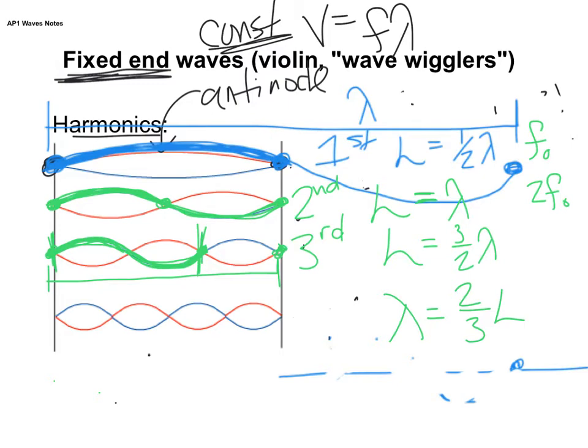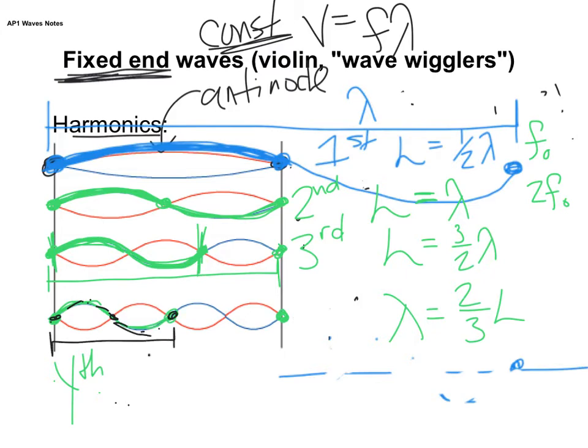And let's finally look at our fourth harmonic. Our fourth harmonic here, I've got my node at this end, I've got my node at this end, and let's take a look at how far I have to go before I get through one full wave. Got that bit. Now it looks like I've gone through one full wave motion. I go from node to crest, back to node, down to a trough, and then back to a crest again.